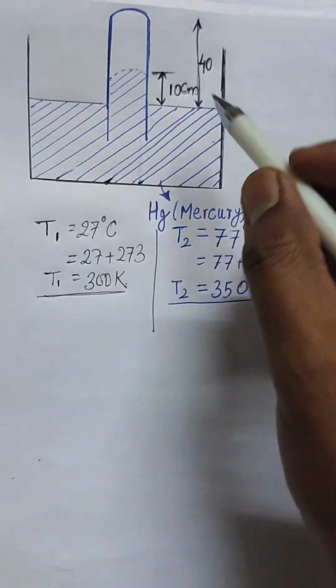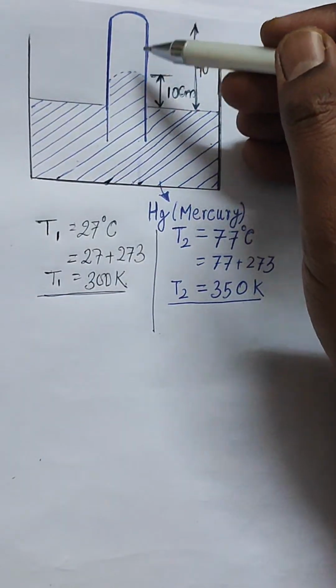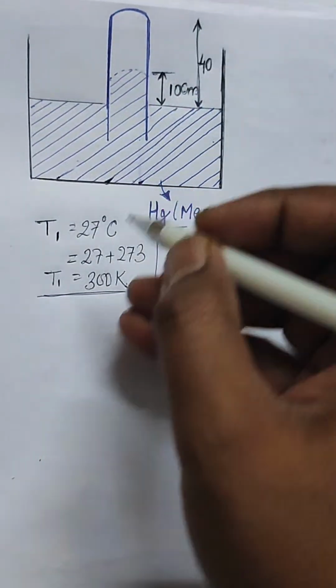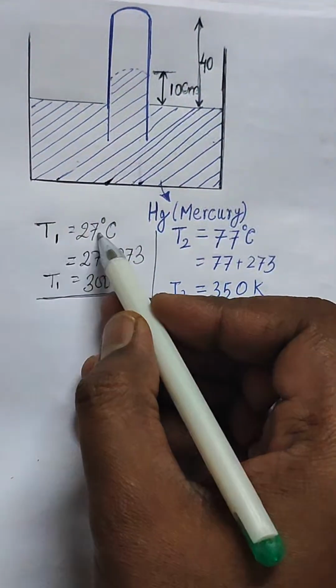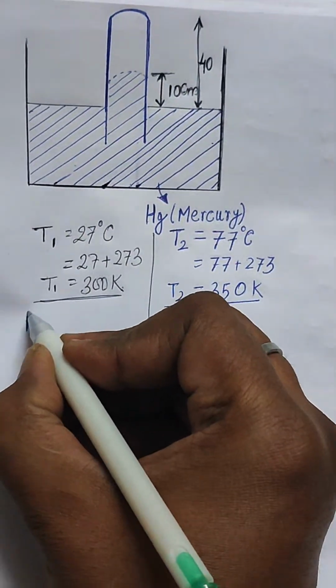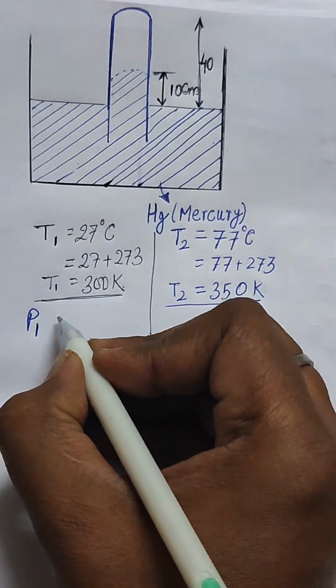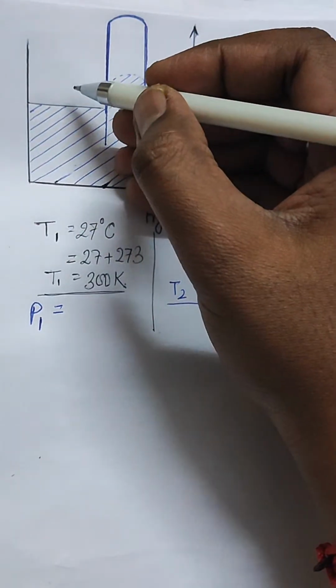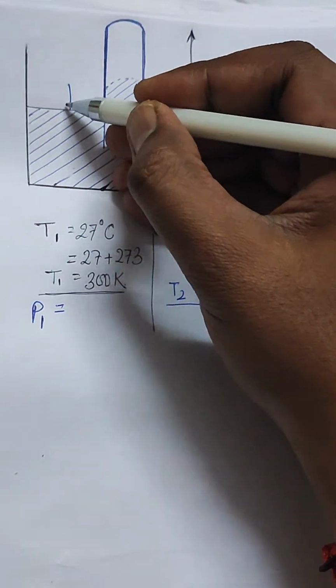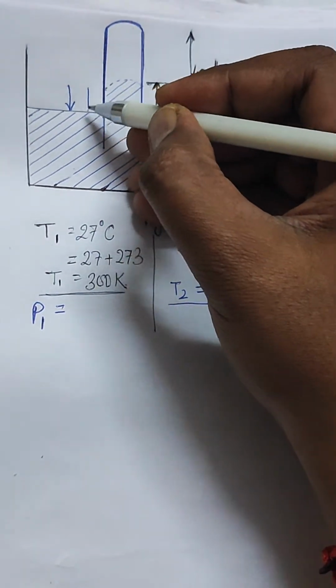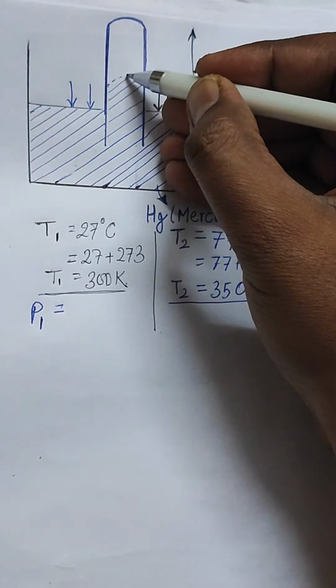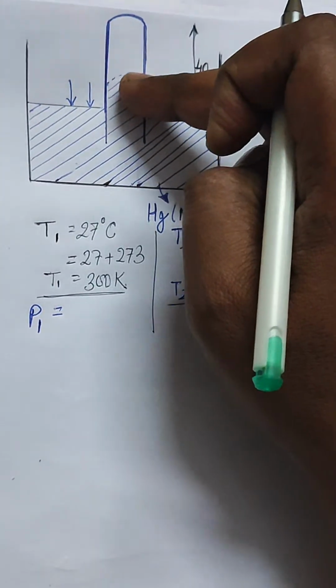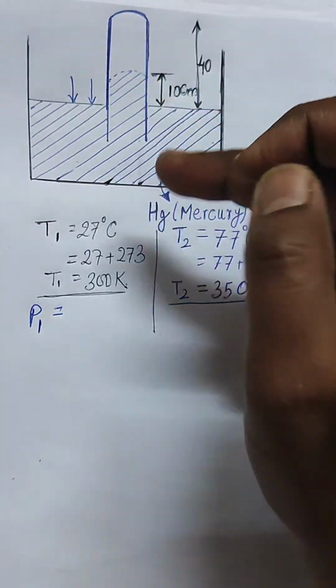So if you want to consider the pressure, in the first case when the temperature is 27 degrees centigrade, the pressure, let us say P1, can be written as 76, the normal atmospheric pressure which is applied over here and even over here. Not over here, because here we are going to calculate under the tube.